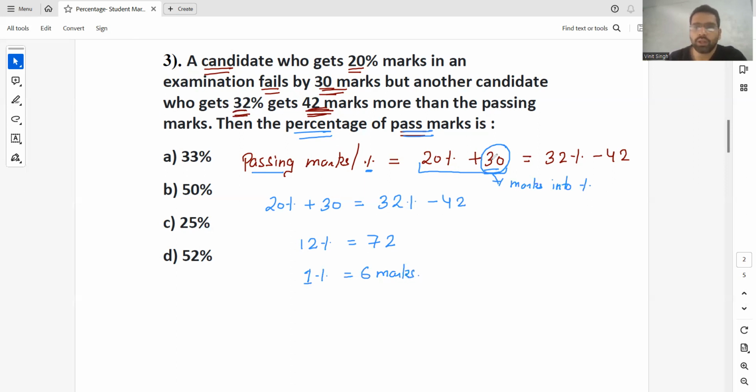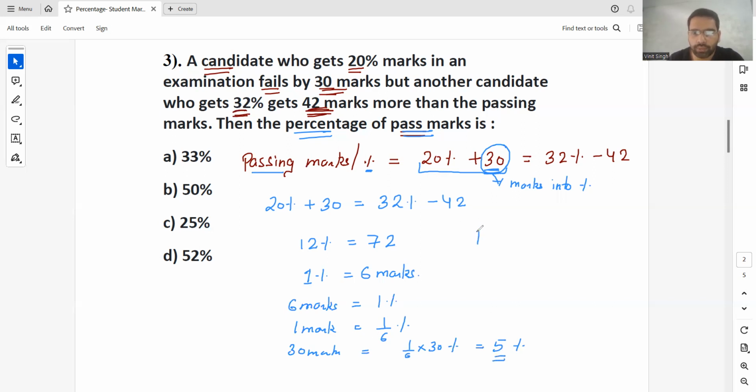Now, 6 marks is equal to 1%. 1 mark is equal to 1 by 6%. And we have to convert 30 marks. So 30 marks is equal to 1 by 6 into 30%, which is equal to 5%. 30 marks is equal to 5%.